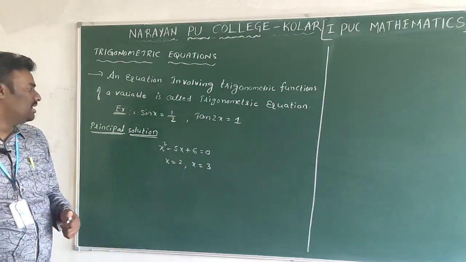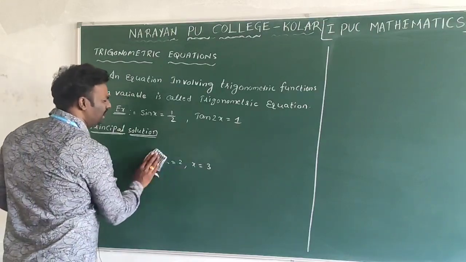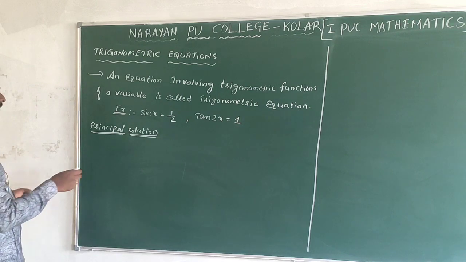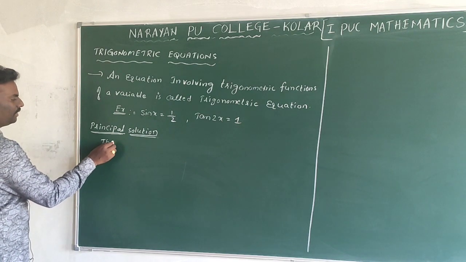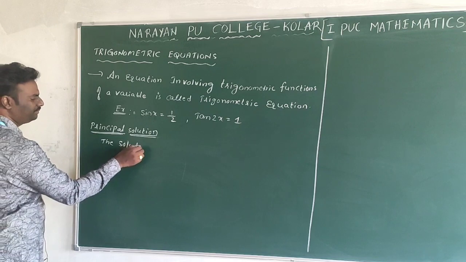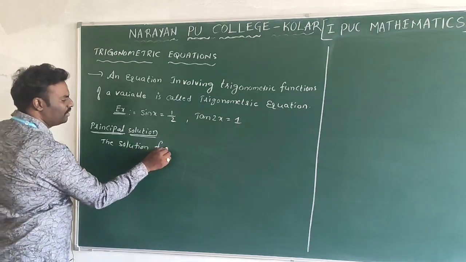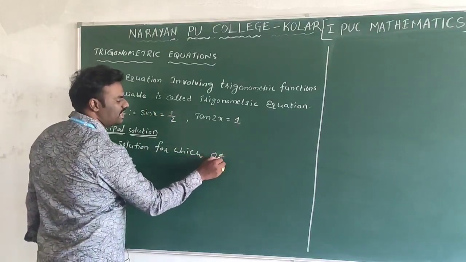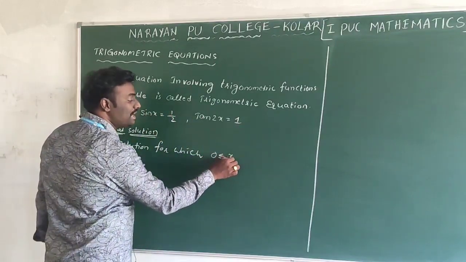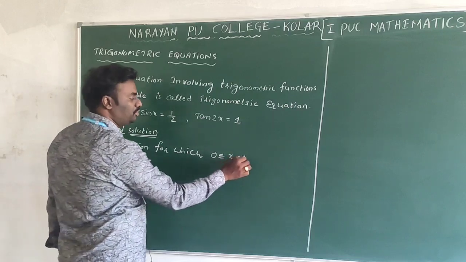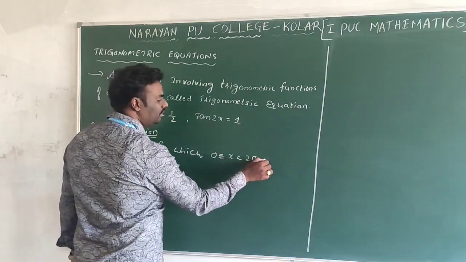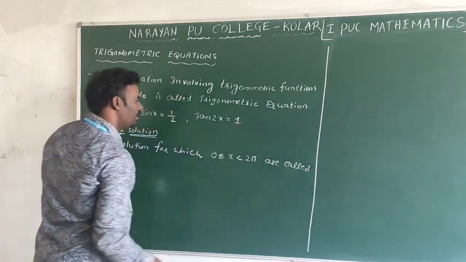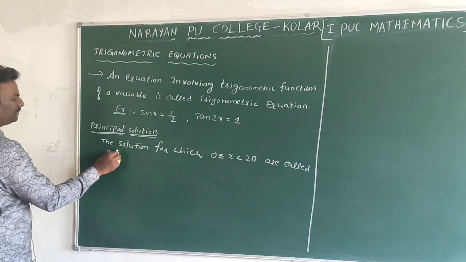Similarly in trigonometry also we have solutions, but the solutions for which 0 is less than or equal to x less than 2 pi are called principal solutions.